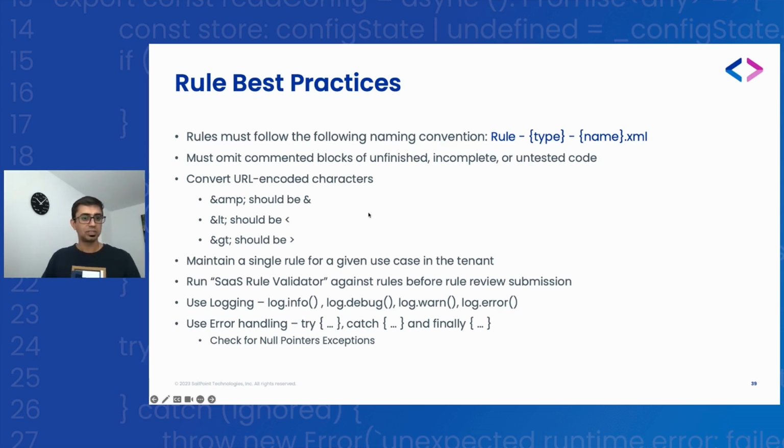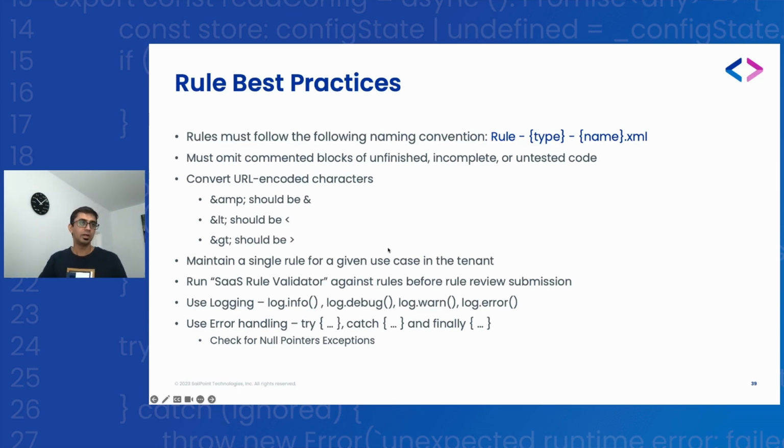We also need to make sure we convert all the encoding characters, such as ampersand, less than, greater than. It's also recommended not to have multiple versions of the rule in a single tenant. We always need one single version for one use case.